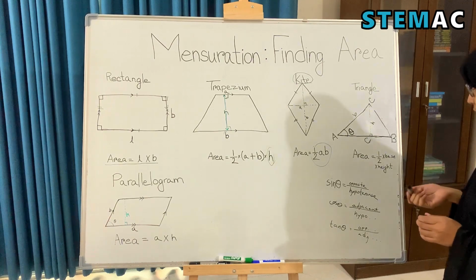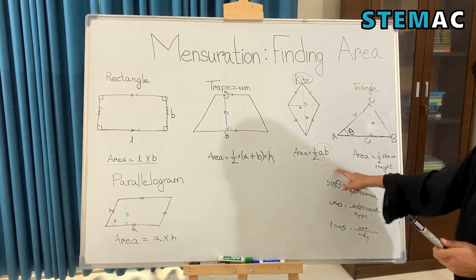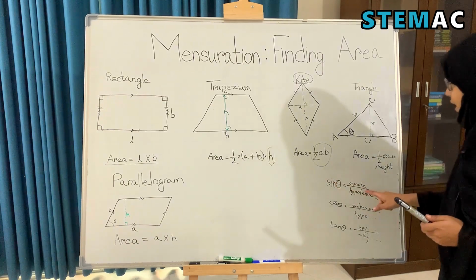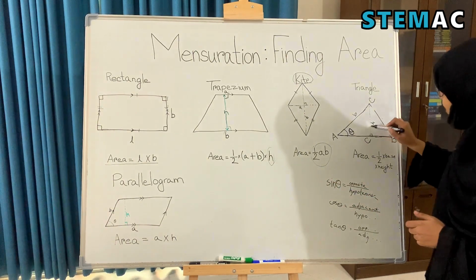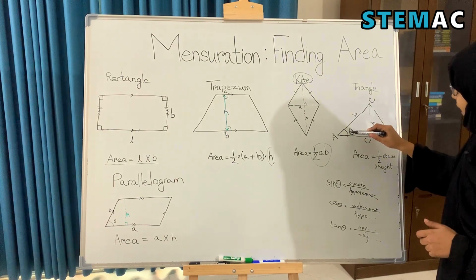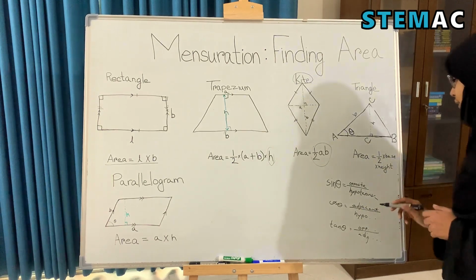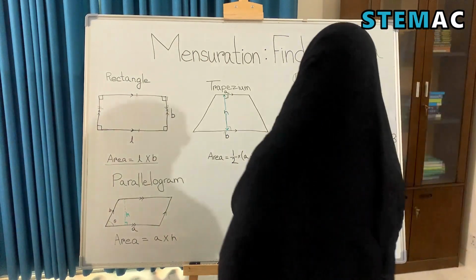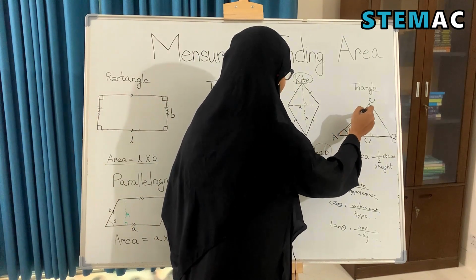How are we going to find it? From sin theta equals opposite by hypotenuse, the length opposite to this angle theta is the h, and the hypotenuse is this side.